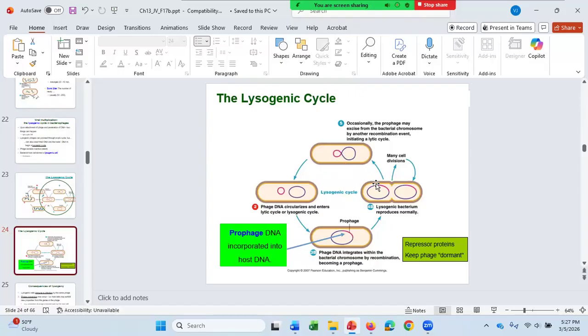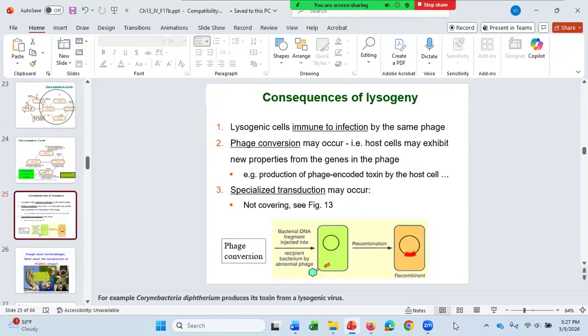And let me just state that after even 100 years of studying this, biologists do not quite understand why the lysogenic virus can enter the lytic life cycle. Why does it choose to switch? All right, any questions about lysogeny, the lysogenic life cycle, or the lytic life cycle? If not, let's move on to the consequences of lysogeny.